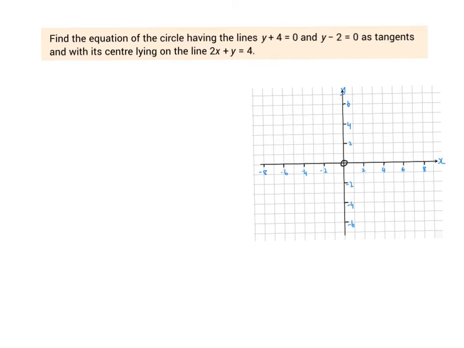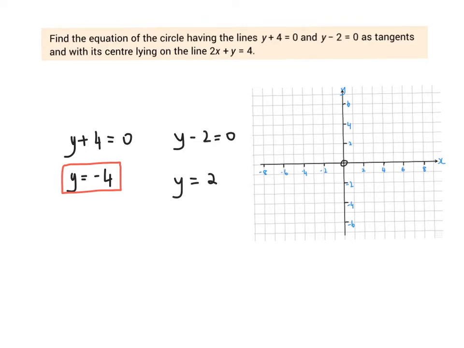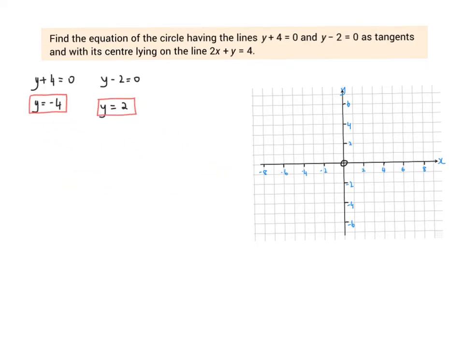The line y plus 4 equal to 0 is the line y equal to minus 4. So that's one line we can draw straight away. And the other line, y minus 2 equal to 0, is the line y equals 2. So we'll sketch those two lines first of all.